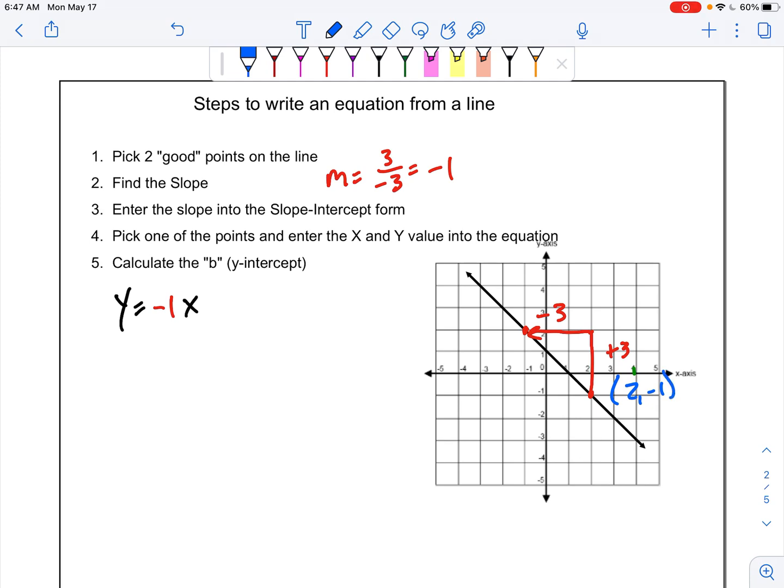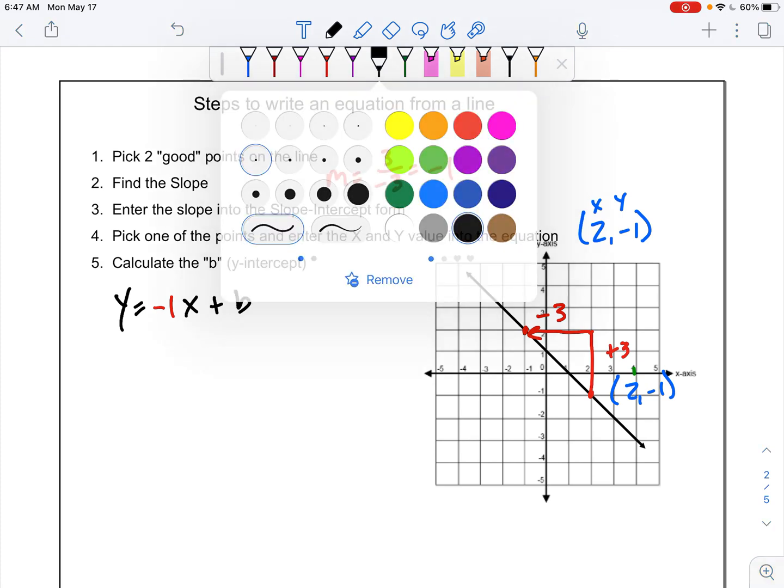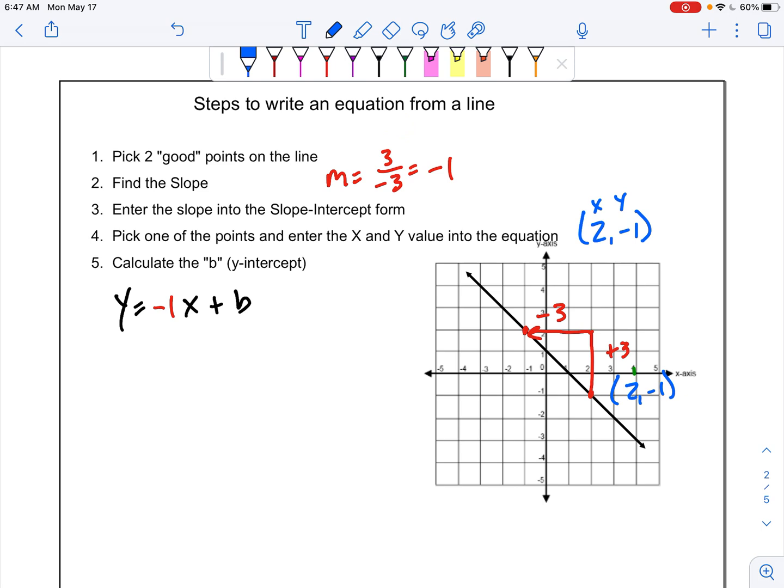So I have this 2, -1, my x value, my y value, and so I'm going to plug those into the equation. As you can see here, I have an x and a y, so I'm going to plug those in. So, my y is -1, and my x is 2.